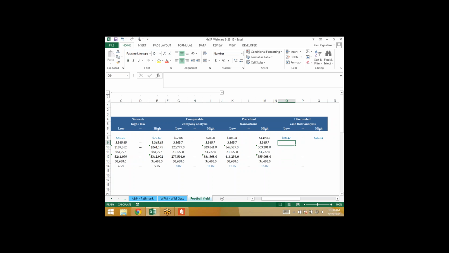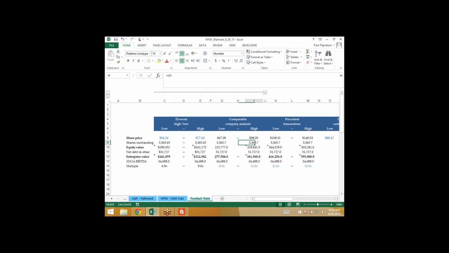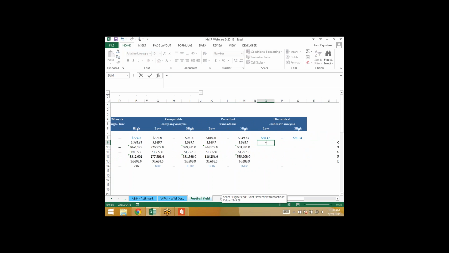Like what I did for the 52-week low and high, I'm going to back into what the implied EBITDA multiple is. So I'm going to take the share price and multiply. At $88 a share, their equity value is $297 billion. Add the net debt to get $349, and then divide to get the implied multiple, 10.1.